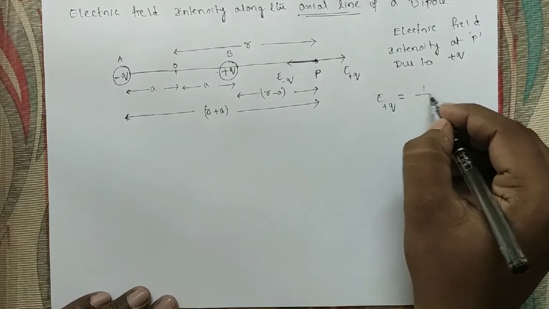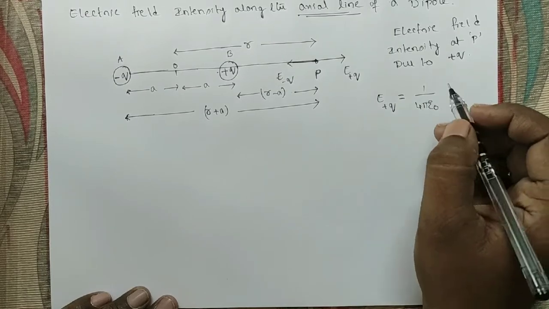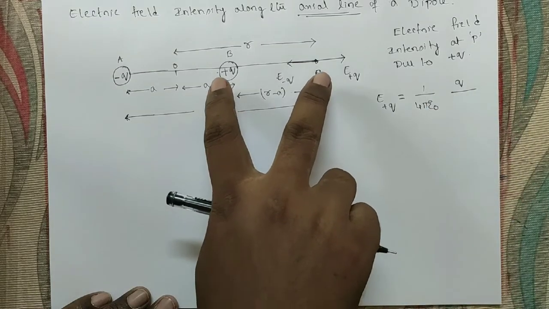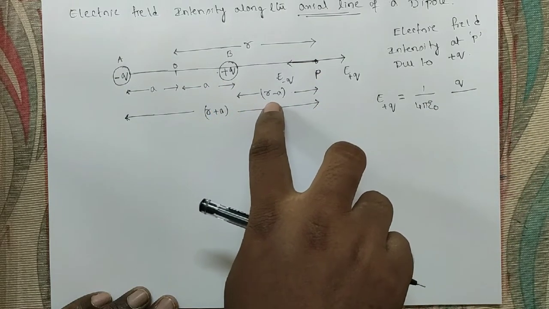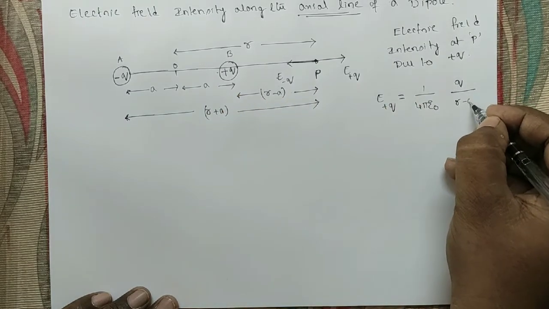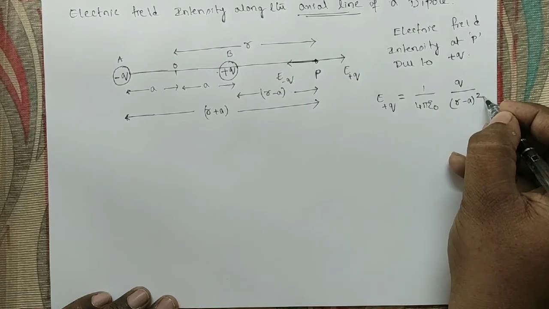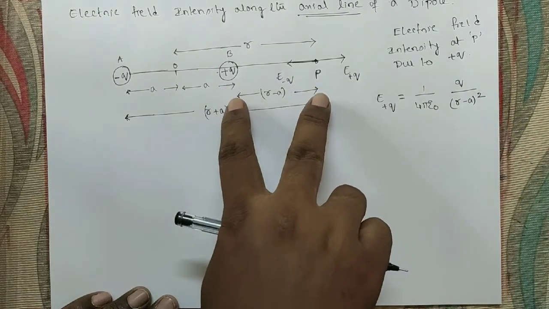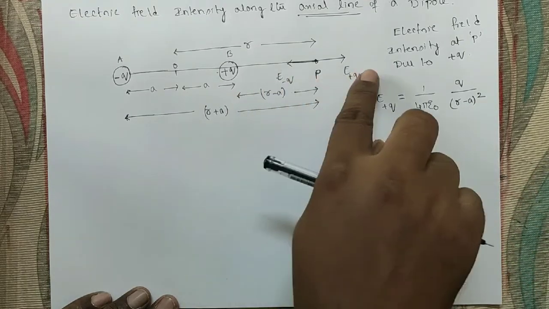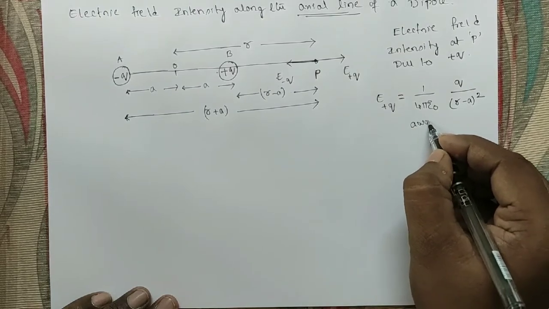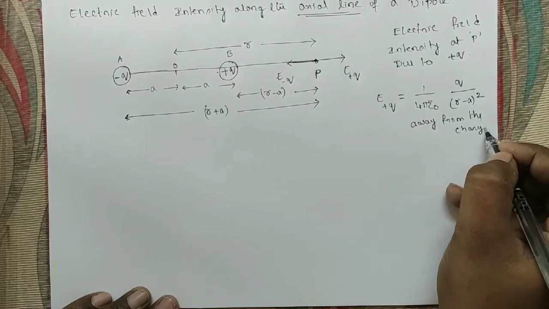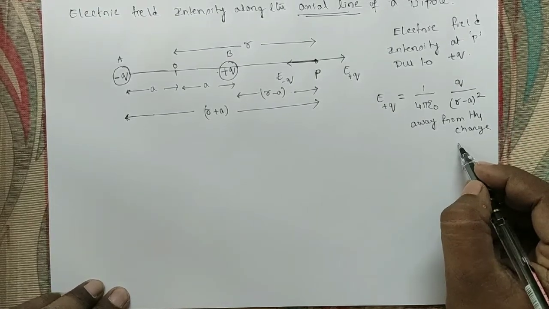So you can write 1 upon 4 pi epsilon naught into the magnitude of the charge Q by distance, here BP, that is R minus A, whole square, because from positive charge to point P the distance is R minus A, so we took the distance square here. Its direction is away from the charge. Take this as equation 1.